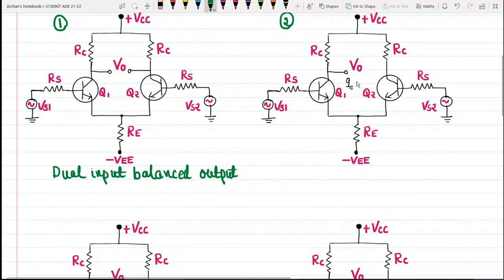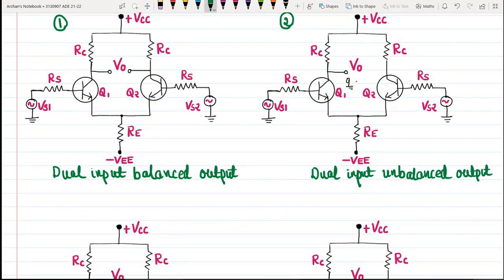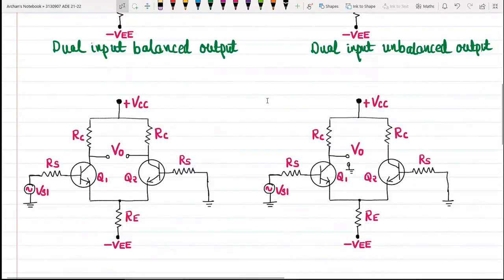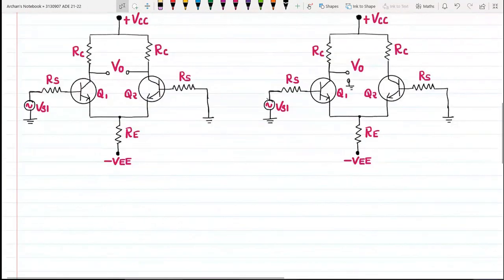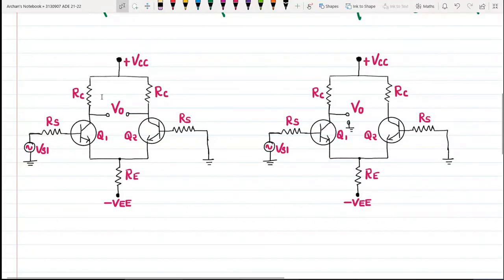So the entire configuration will now be known as dual input unbalanced output configuration.